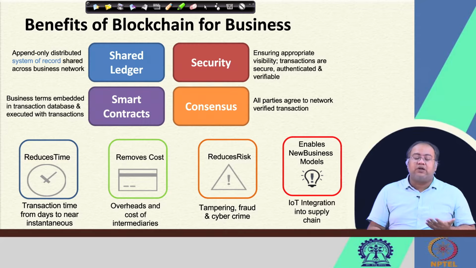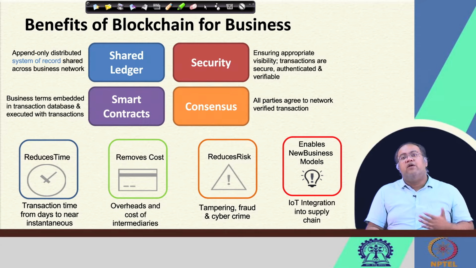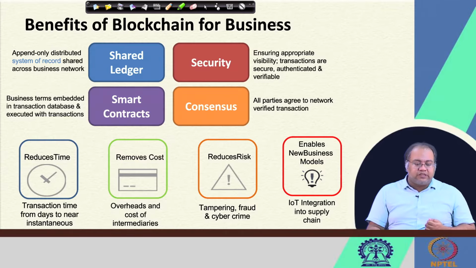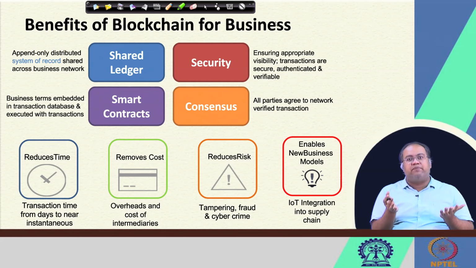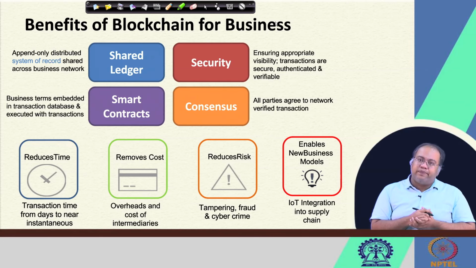Then we have the smart contract, which is the most powerful tool of a blockchain based system. The smart contract provides you an automatic execution platform where the business terms can be embedded in the form of a transaction in a transactional database, and they can be executed with transactions.